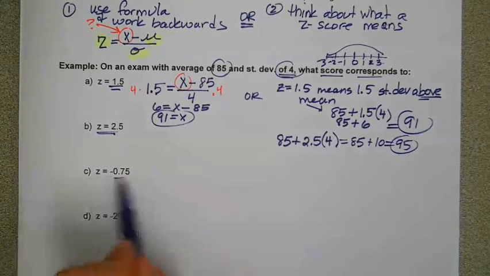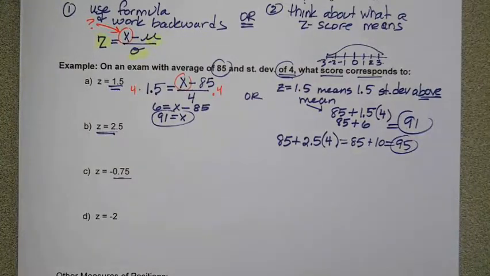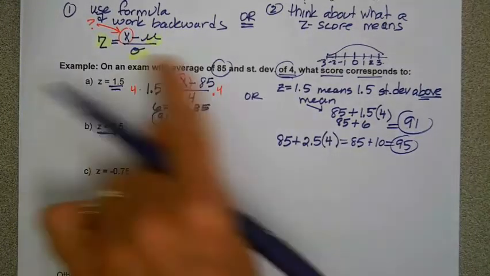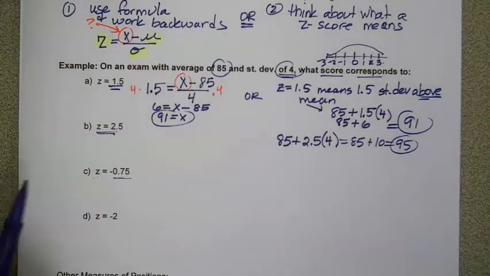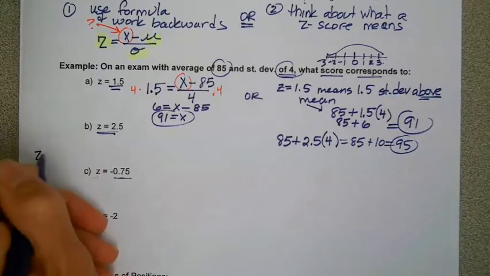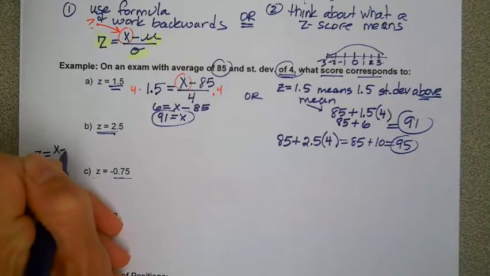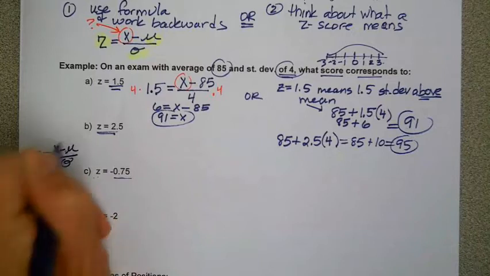So let's look at a negative one. Again, what does that tell you if it's negative? I'll go ahead and go through it the algebraic way. So a z-score is -0.75. My only formula for z-score was, again, from the front of the worksheet, z equals x minus mu over sigma, if you want to use that one.